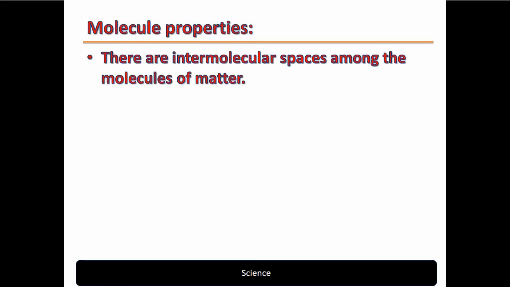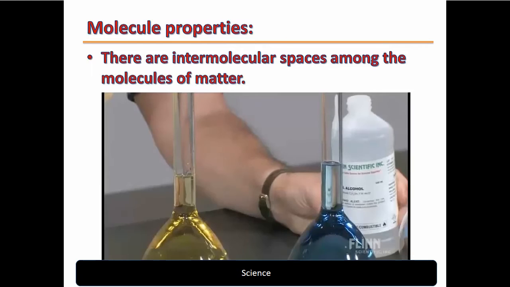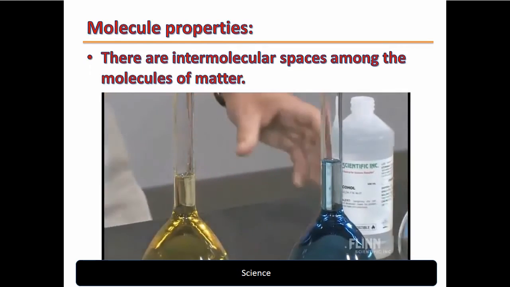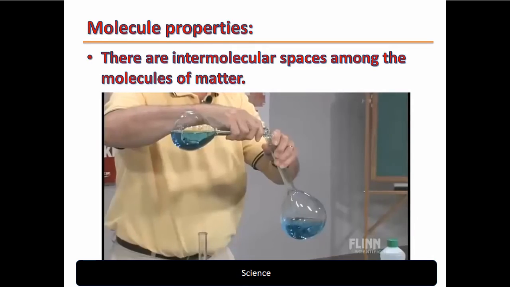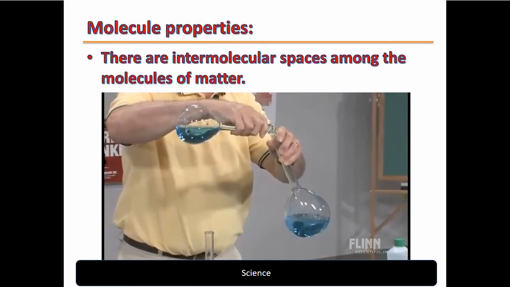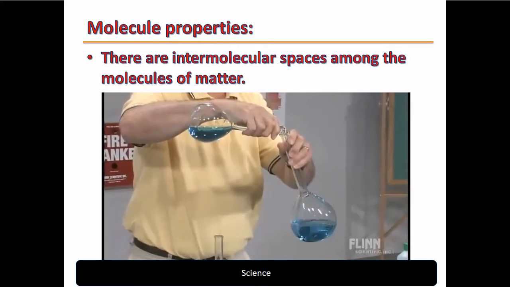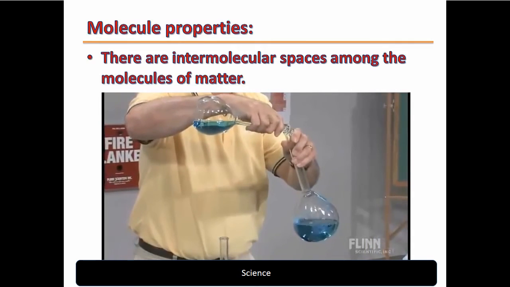The second property is that there are intermolecular spaces among the molecules of matter. We have a very important experiment to prove that there are intermolecular spaces between molecules. This is done by preparing 500 cubic centimeters of water and 500 cubic centimeters of ethyl alcohol.